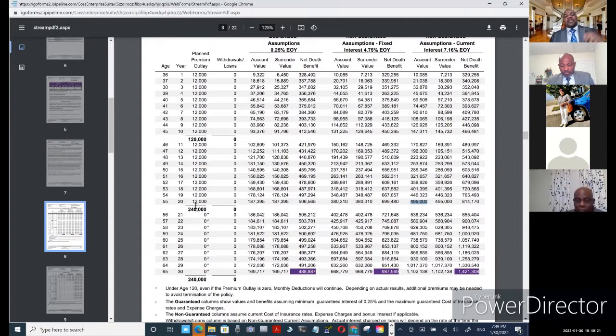So this is buying a term and investing the difference in the market. Remember, we said the insurance portion of this would have cost our client just $119 per month. That's almost equivalent to a term policy that you're paying for.